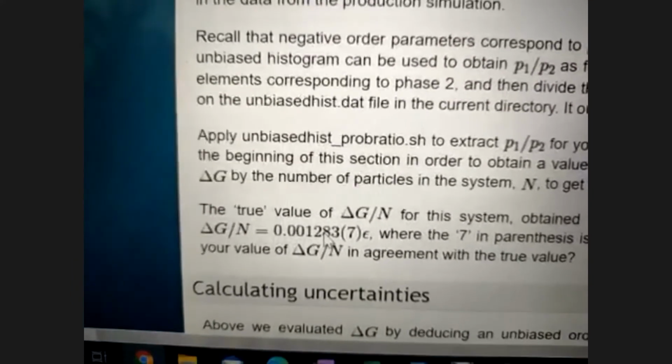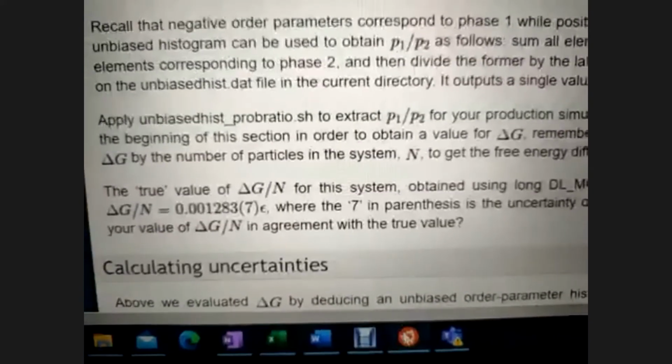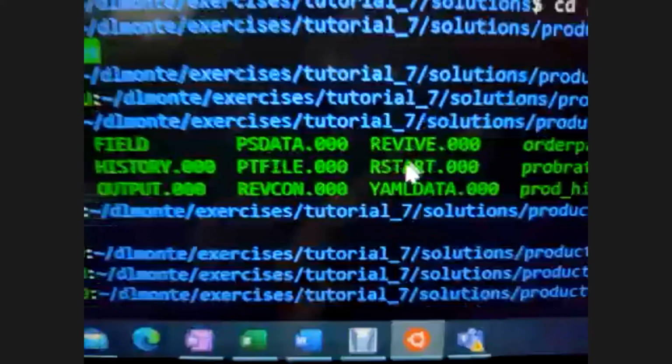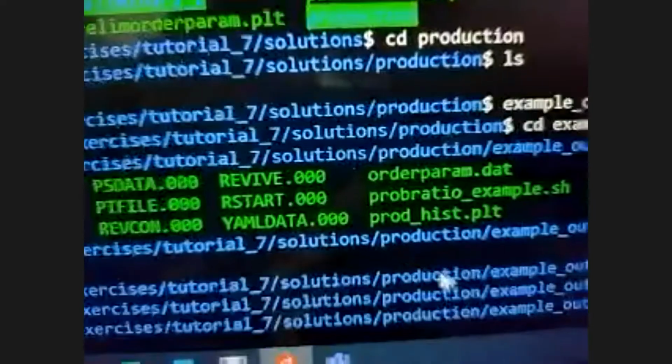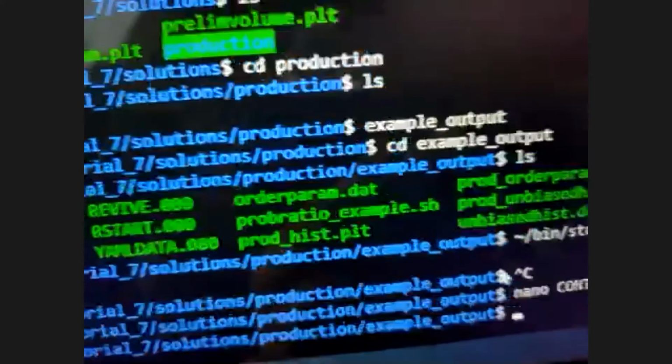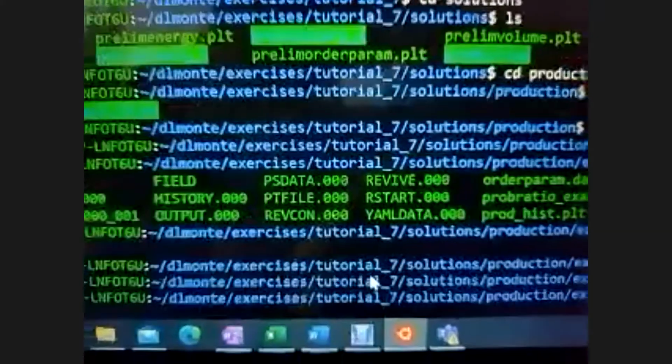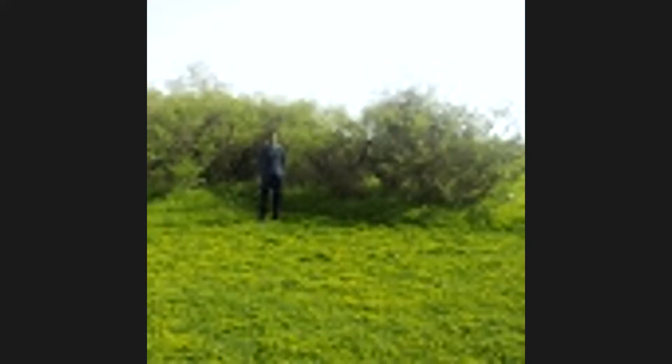But when I used the number in the tutorial solution, the example output, I didn't get a ratio that could give me the number that he wants. If I understand clearly, you say you cannot repeat what is written in the tutorial, right? Yes.